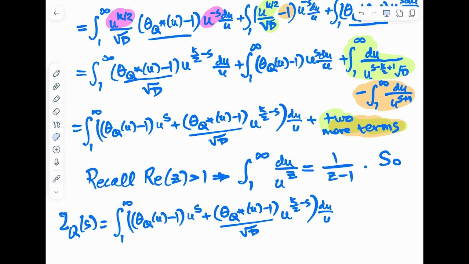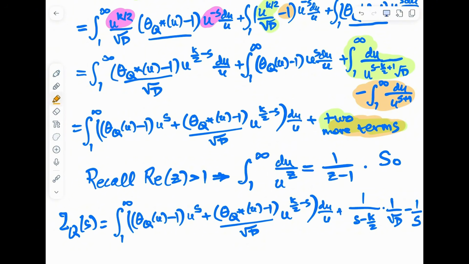All it is is 1 over the exponent minus 1. So the first thing is 1 over the exponent, s minus k halves plus 1, take away 1. So s minus k halves times 1 over root d. And the next term is subtracting 1 over s, because the exponent is s plus 1.